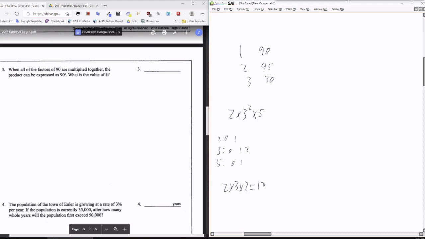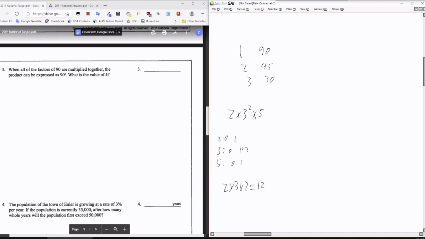For factors of a number, in the prime factorization of the factor, it just has to be equal or less than the prime factorization of the bigger number that you're looking at. And then you're just choosing it like that.